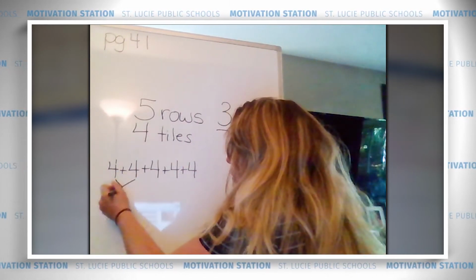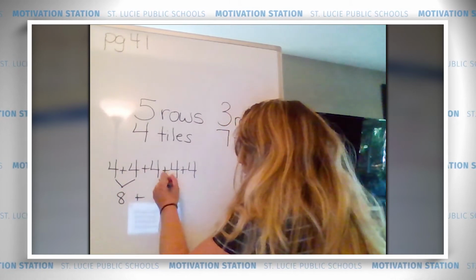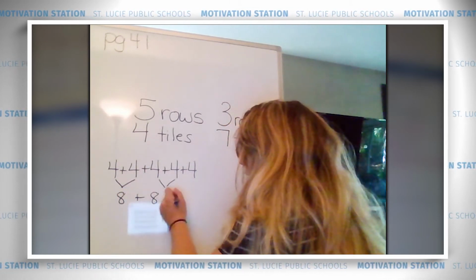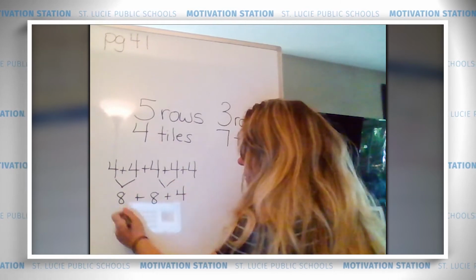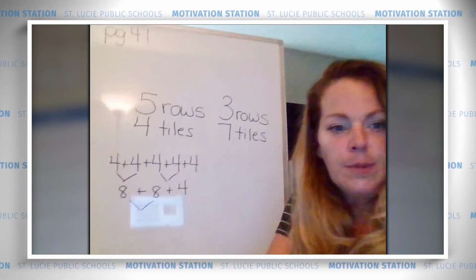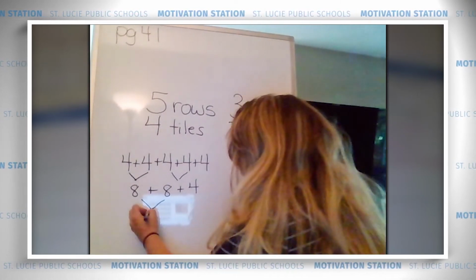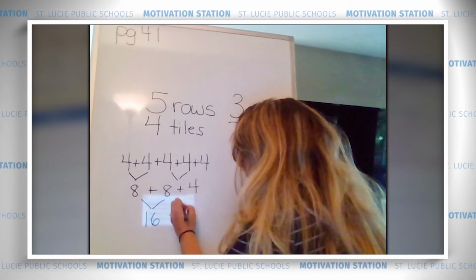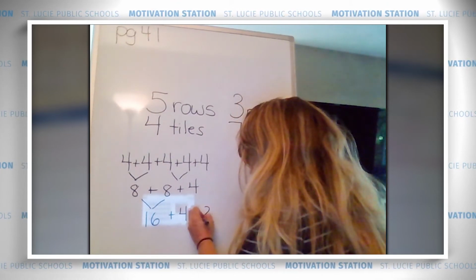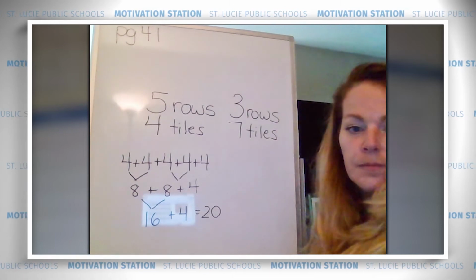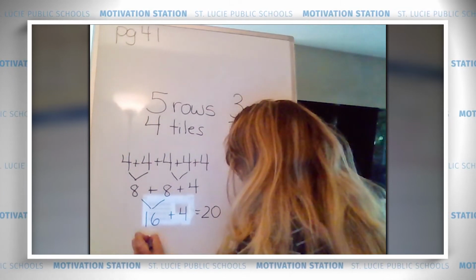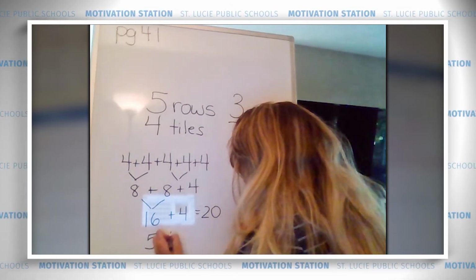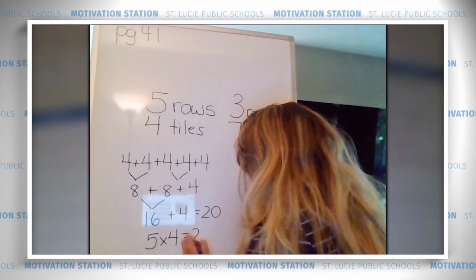I know 4 plus 4 is 8, plus 8, plus 4. And then 8 plus 8, can you see my work here, is 16. And 16 plus 4 equals 20. So my equation would be 5 times 4 equals 20.